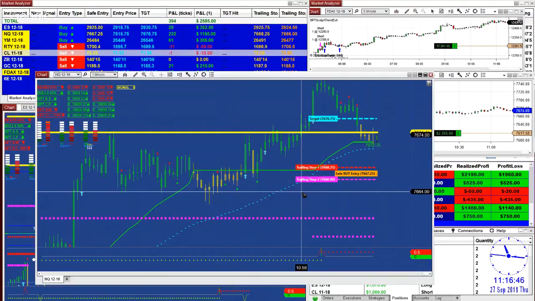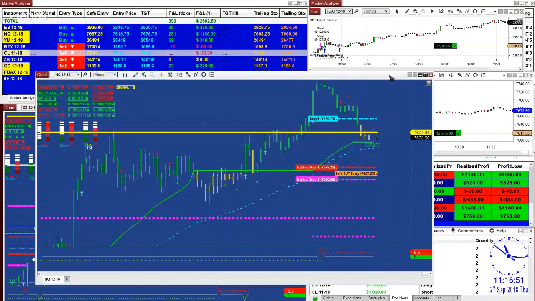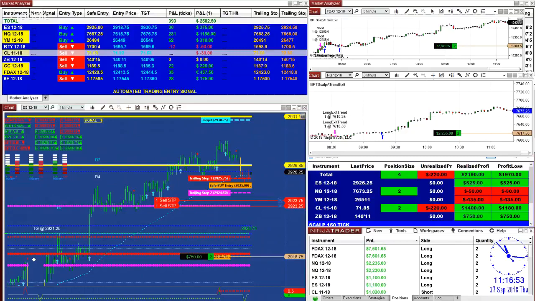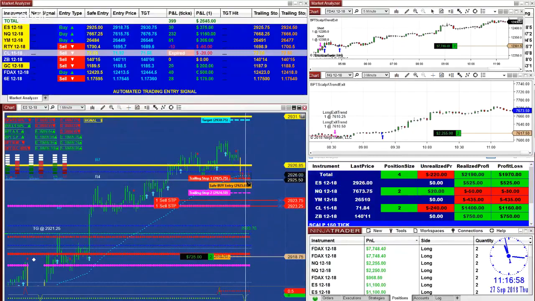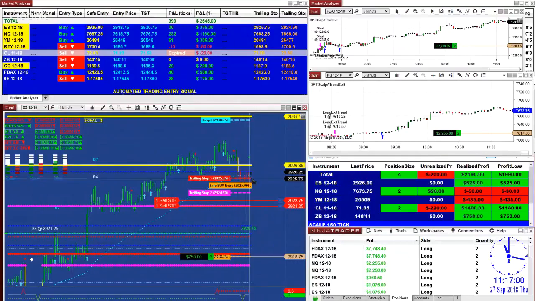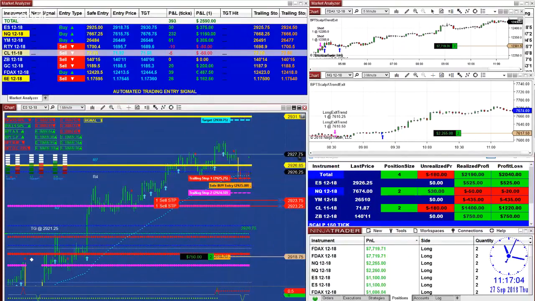You see that? Same story on the ES, it is holding those areas here.